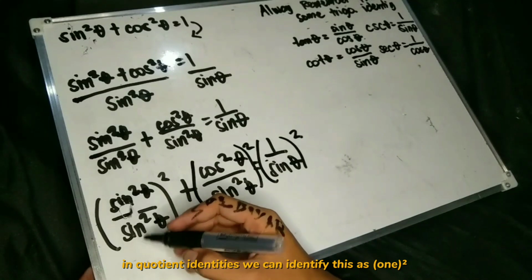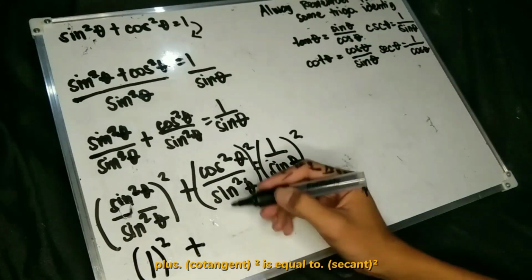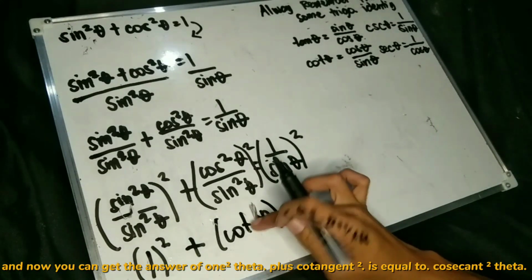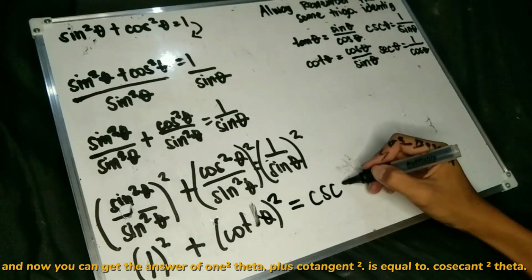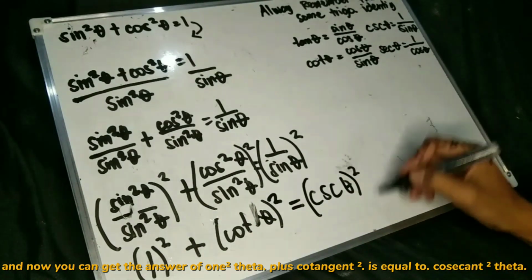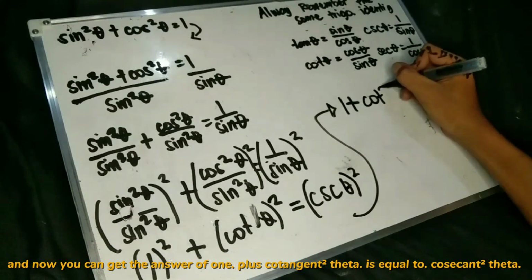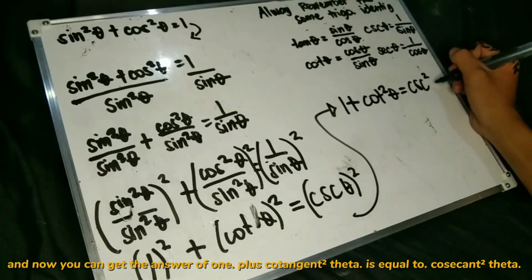In quotient identities, we can identify this as 1 plus cotangent squared theta is equal to cosecant squared theta. And now you can get the answer: 1 plus cotangent squared theta is equal to cosecant squared theta.